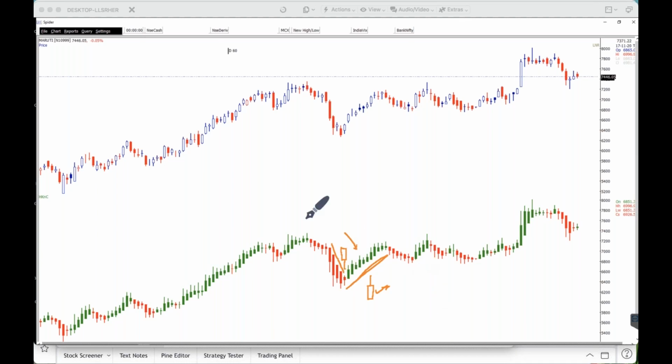The other way to read this is, if you find a Heiken Ashi candle which is green in color with no lower shadow, it indicates bullishness. On the other hand, if you find a Heiken Ashi candle which is red in color with no upper shadow, this indicates bearishness.